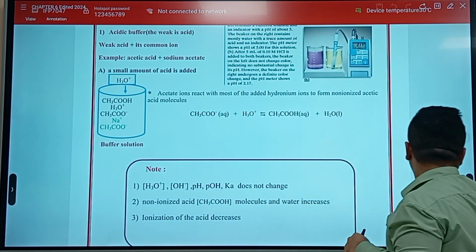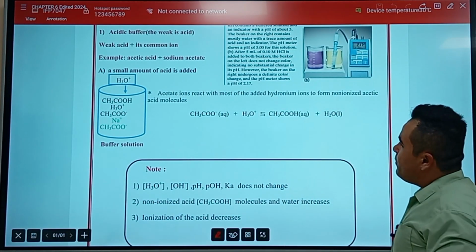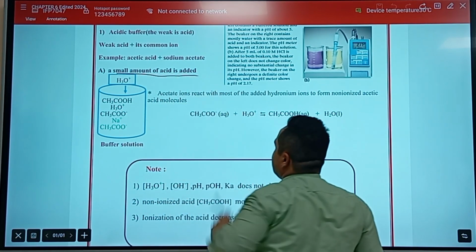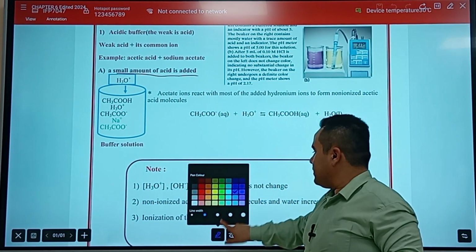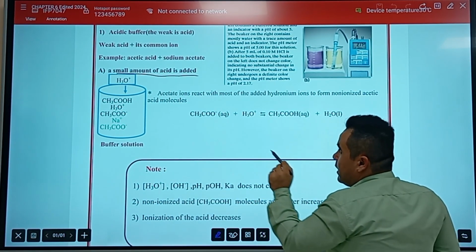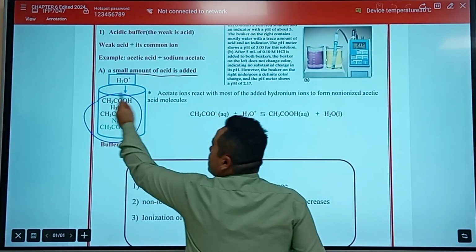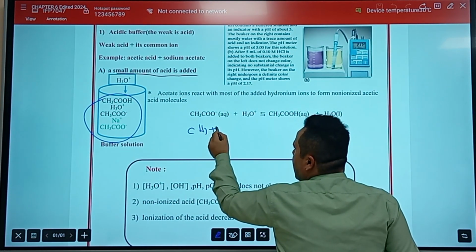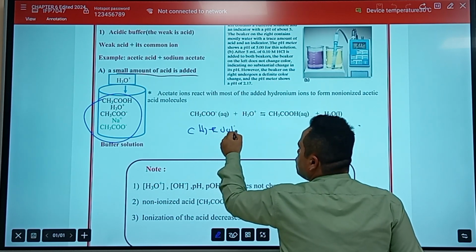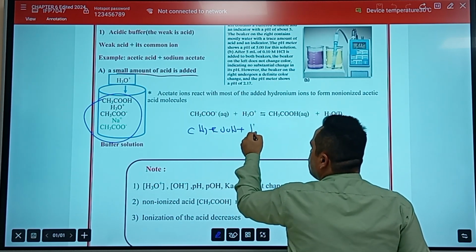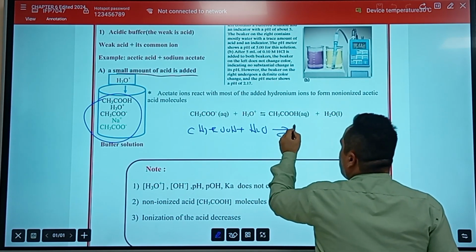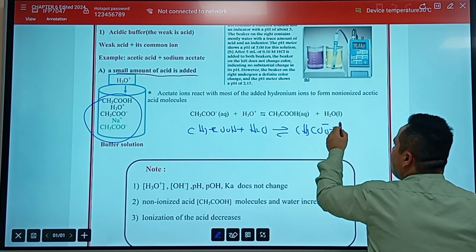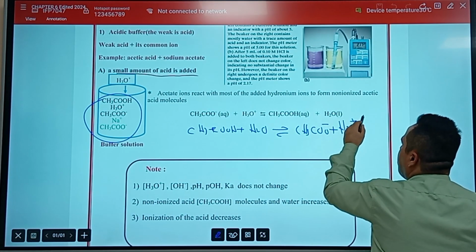Guys, the first one is addition of a small amount of acid, which is the strong acid. In this solution, I will be writing the equations: CH3COOH plus H2O will produce CH3COO negative plus hydronium.